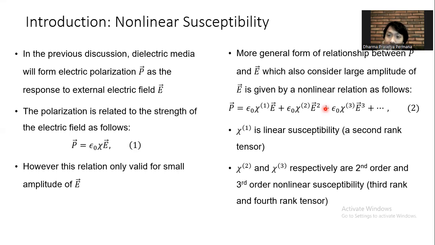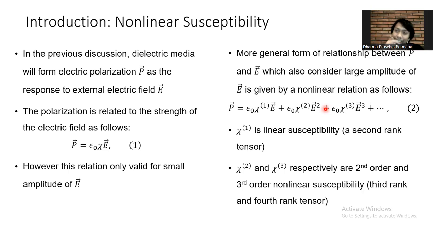For the second order, we will have two terms of E: the first one is E i, and the second one is E with index j. For the third order, the chi will have four indices, and we have three terms of E: E i, E j, and E k. And we do the tensorial summation. Now, can you imagine what I am talking about?